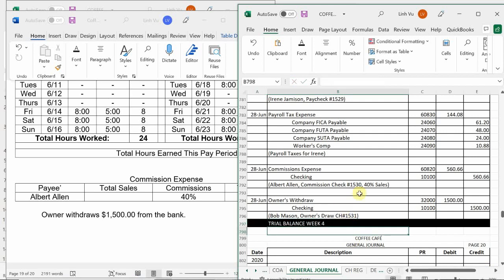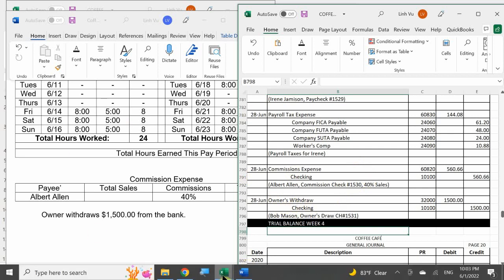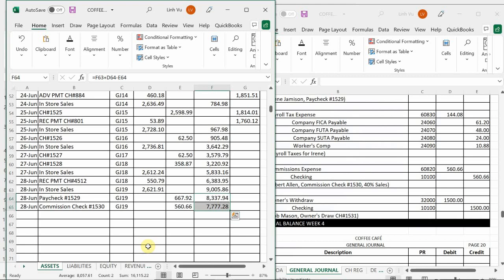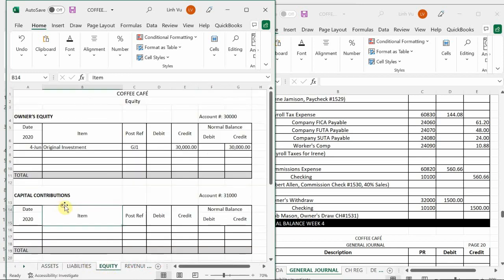Okay? So let's go ahead and update our ledgers, because we just had an owner's withdrawal. Okay? Owner's withdrawal. So ledger, this is part of equity.